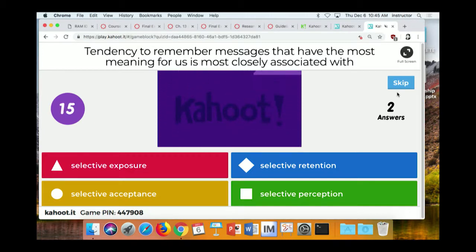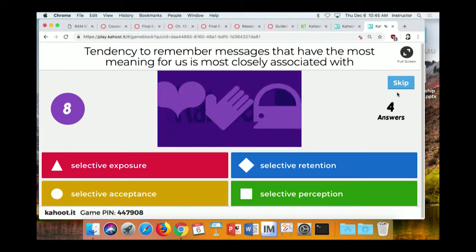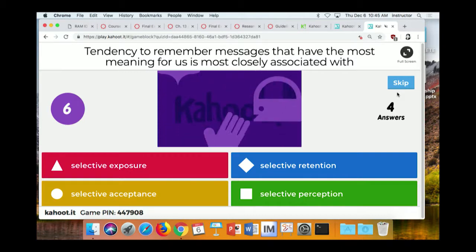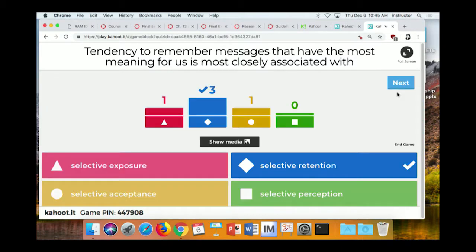It asks the tendency to remember messages. And there we go. Once again, the majority got it. So it is selective retention. It's the idea that after exposure, we retain this. We remember the messages. Okay, great.